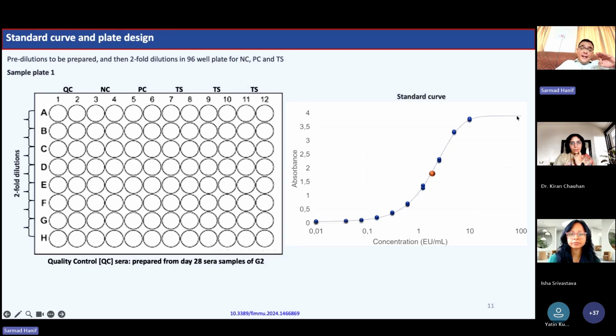In the indirect ELISA for the vaccine antigen, what we estimate is this part. Can you see my cursor? This is very important. This part we identify, and in this red circle we basically identify the potency of any vaccine.